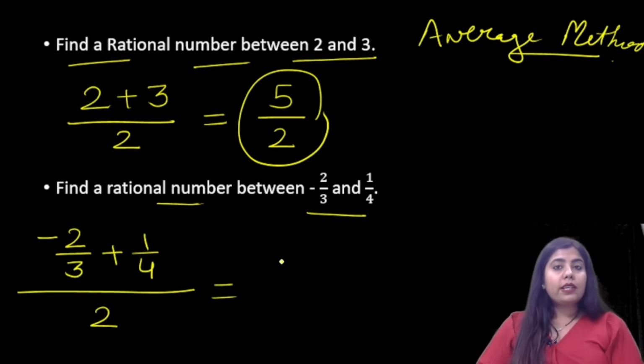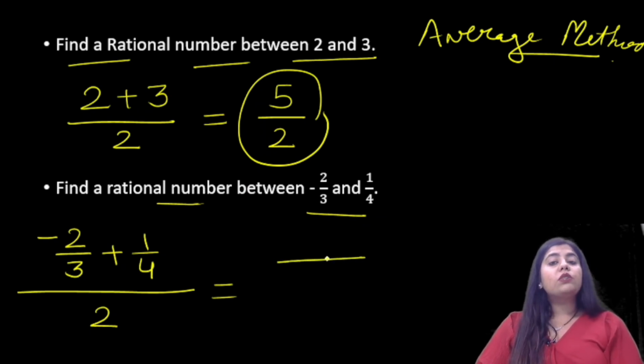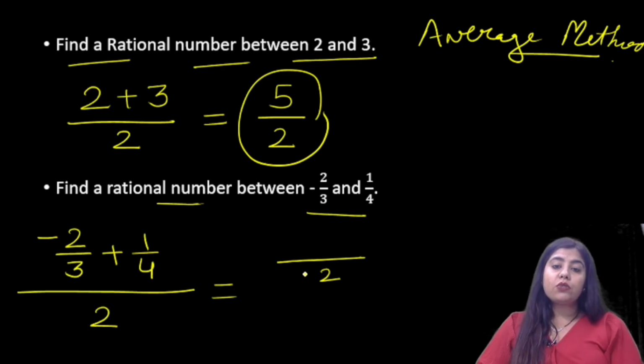We have to take the LCM of the denominators, 3 and 4. The LCM of 3 and 4 is 12. So the denominator is 12, and we have to convert minus 2 and 1 according to 12.